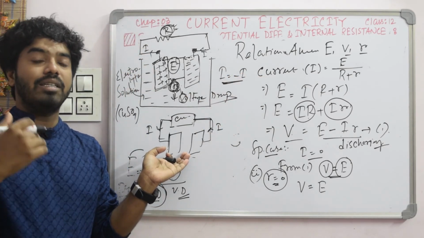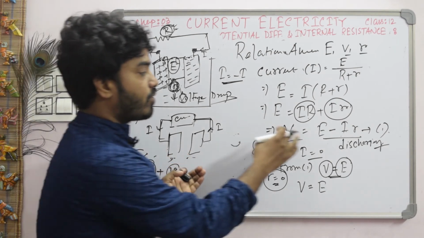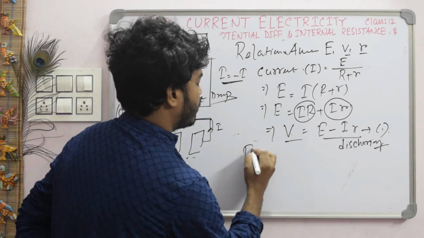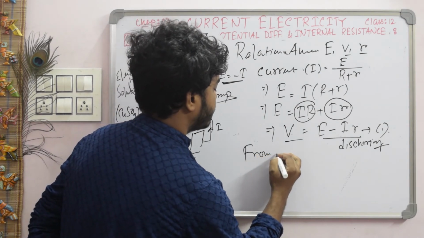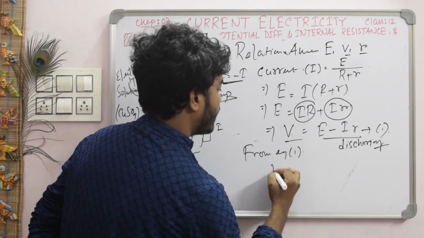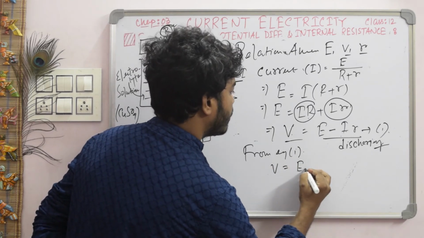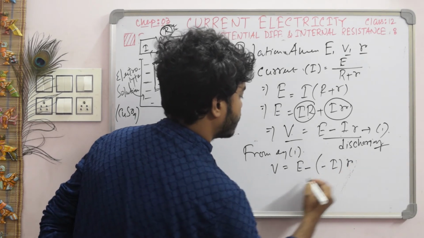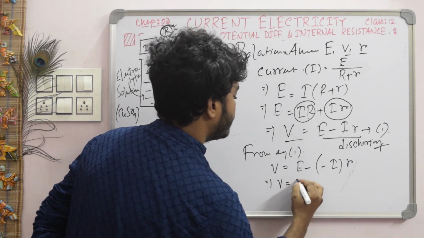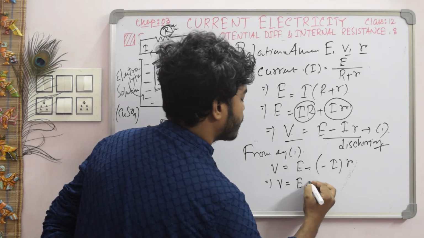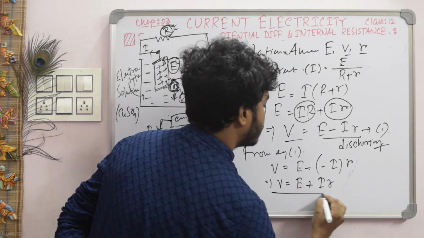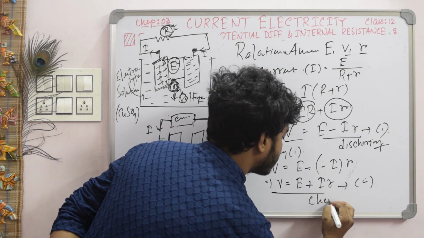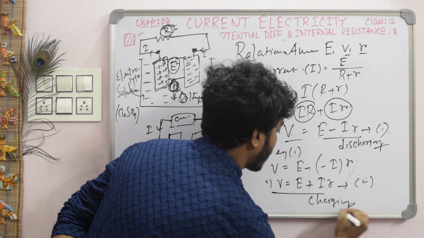So when I equal to minus I, you just see from equation 1, we can write V is equal to E minus, in the place of I you write minus I into R. So this value gives V is equal to E minus minus, plus into IR. So this is equation 2, and this happens when the cell is in charging condition.